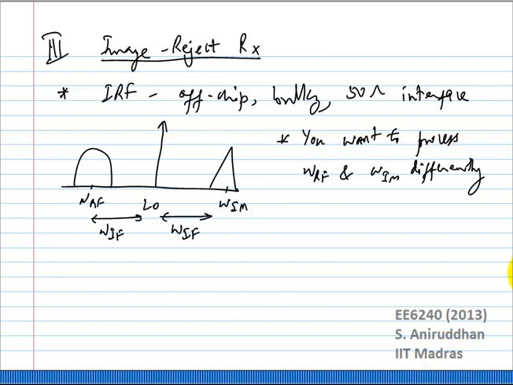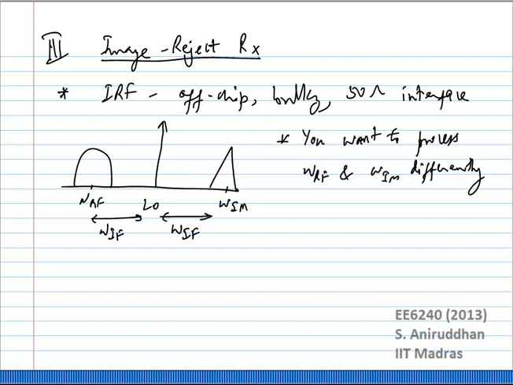Okay, so coming back to the image reject receiver, you are going to rely on an architecture which will process the desired RF signal and the image signal differently.